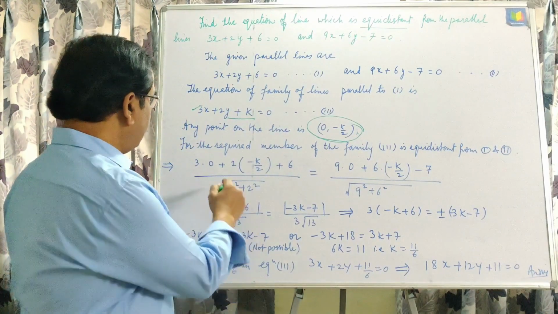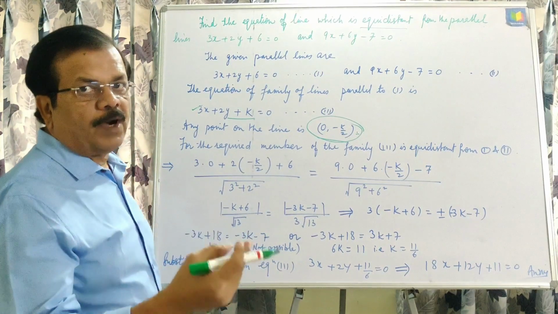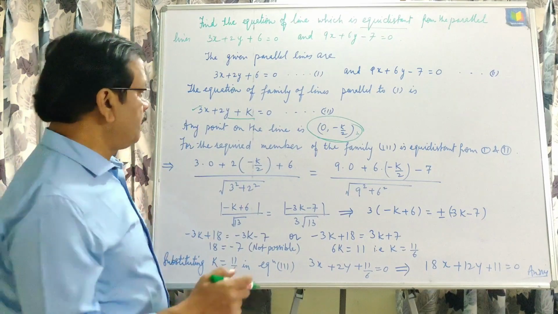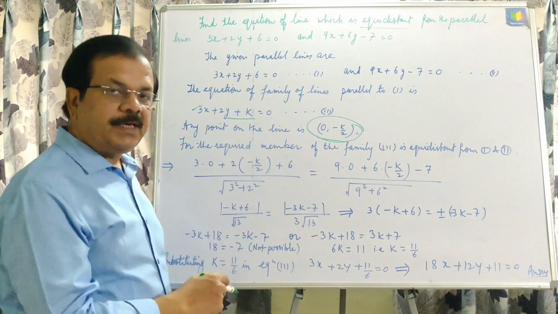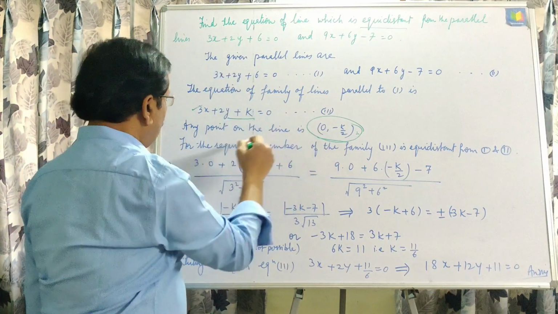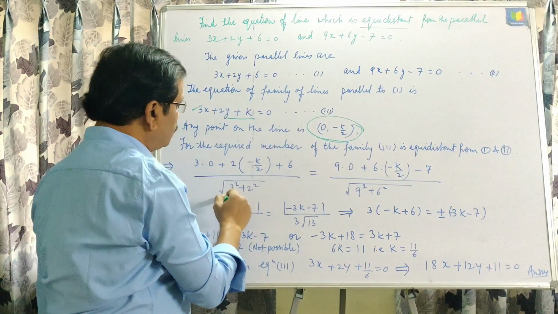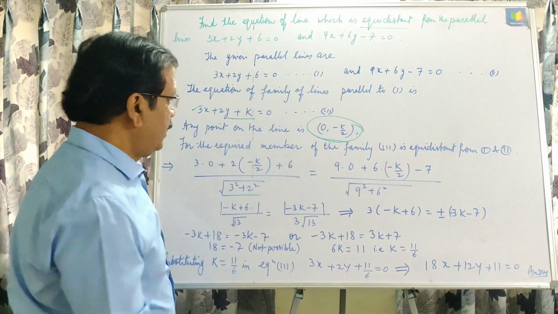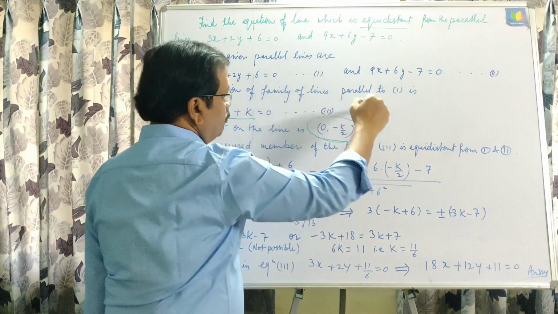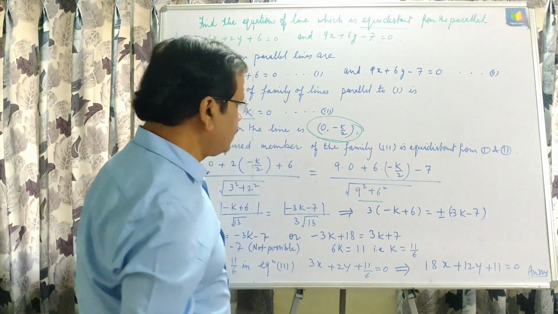Okay, and then we can find the distance from a point to a line, that is ax plus by plus c upon root a square plus b square, and that is 3 into 0 plus 2 into minus k by 2 plus 6 upon root 3 square plus 2 square is equal to 9 into 0 plus 6 into minus k by 2 minus 7 upon root 9 square plus 6 square.